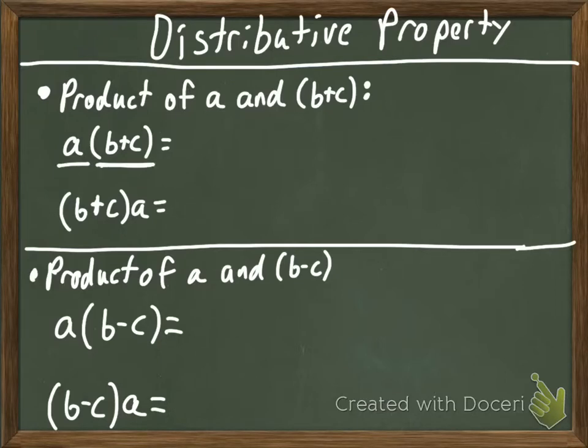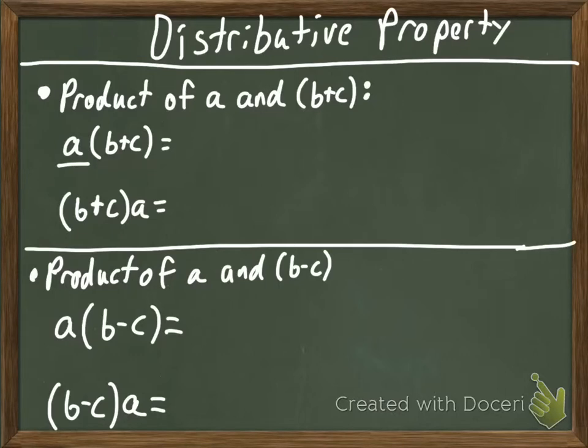Now this works if you cannot simplify inside the parentheses anymore, because quite often it happens where we cannot simplify that. Like if one of them is a variable and the other one's a number.